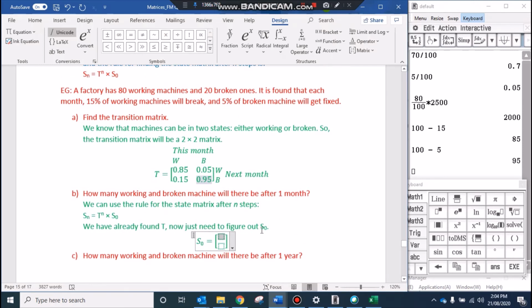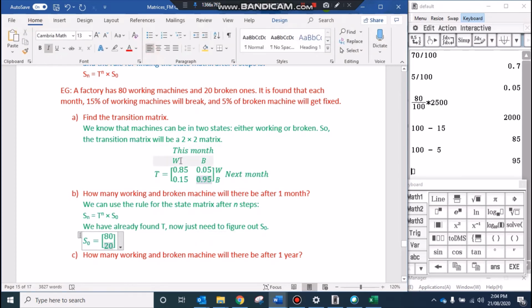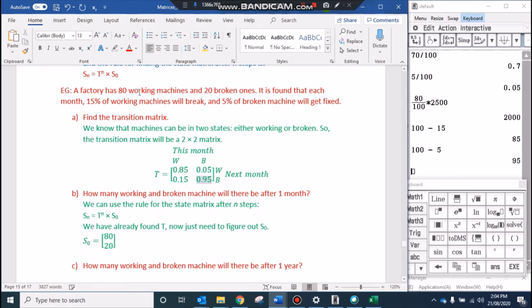Now S0, remember, is the initial state. From the question, it tells us that we start off with 80 working machines and 20 machines that are broken. Because we've got working then broken as our order, reading left to right, we've got our 80 working machines in the first row and 20 broken machines in the second row.